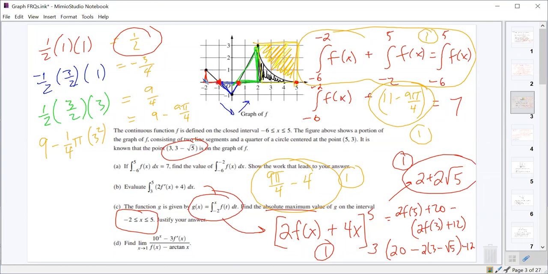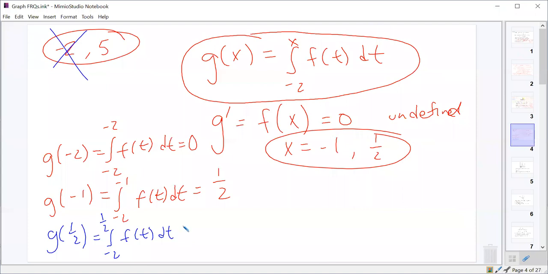And we can tell that because we put in positive area to get to 1/2, and then we're subtracting off 3/4 from that. So this whole section is below, and the value at 1/2 is going to be less than the value at 1 or -1. Does that make sense? This was a 1/2. This was a -3/4. So 1/2 minus 3/4 is -1/4, and we immediately know that one isn't the max. Good?